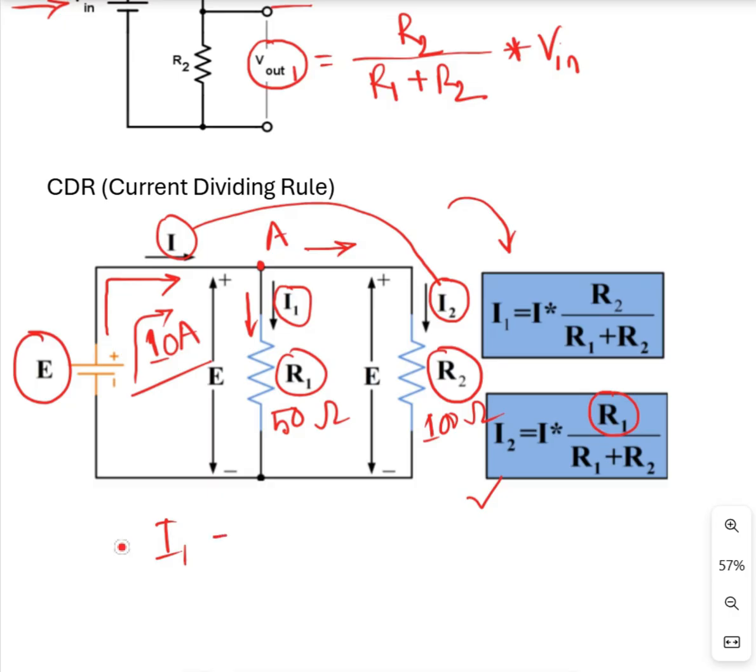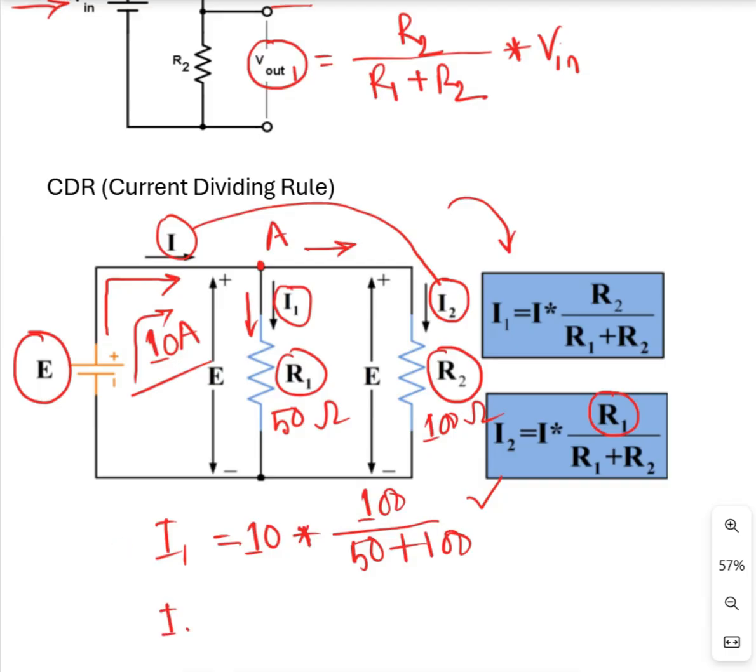So I1 is equal to the total current times, so the total resistance is 50 plus 100, and here will be 100 ohms, the opposite resistance of R1, right?